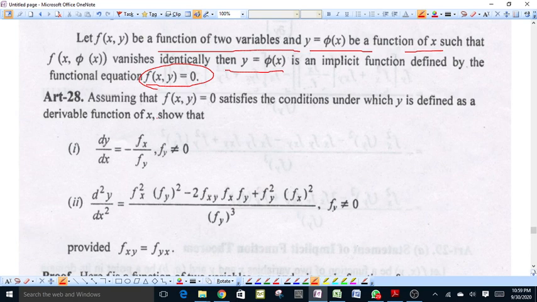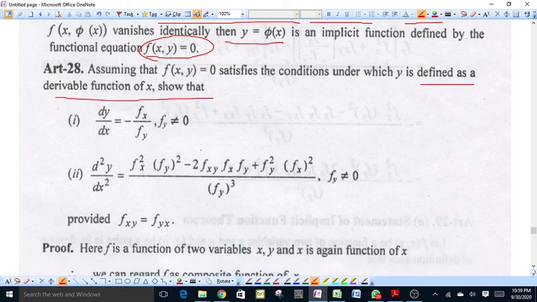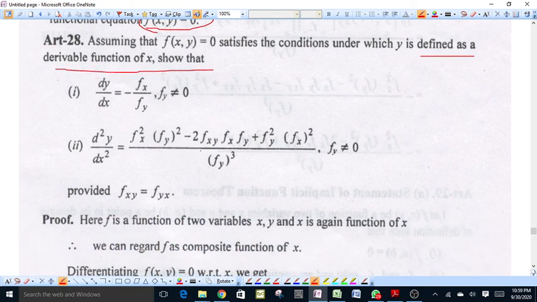Suppose that f(x,y) satisfies the condition under which y is defined as a derivable function of x, then we have to show that dy/dx is equal to minus the partial derivative of f with respect to x upon the partial derivative of f with respect to y, provided fy is not equal to 0.